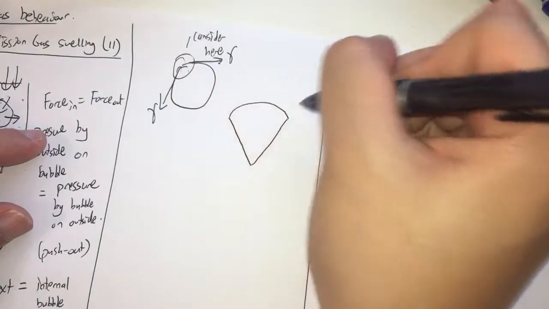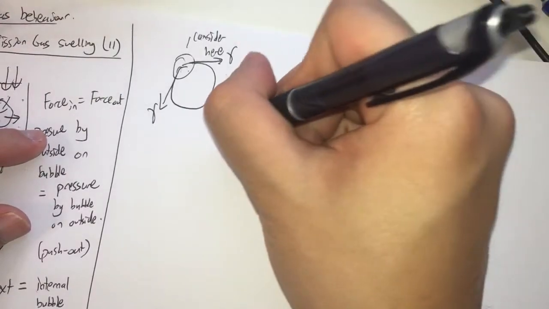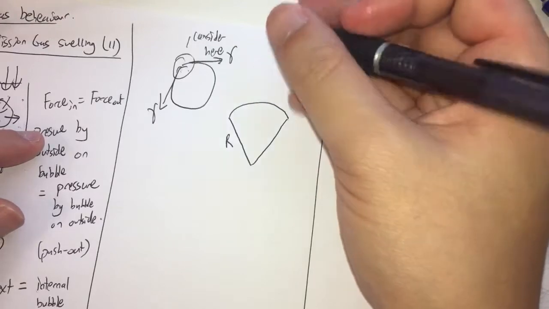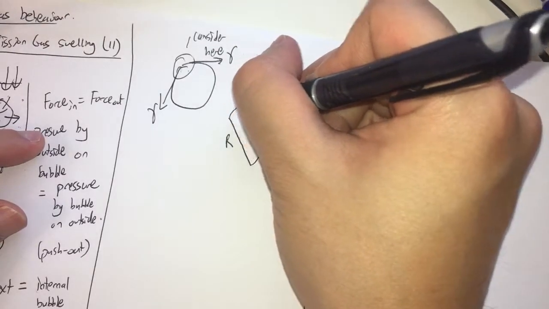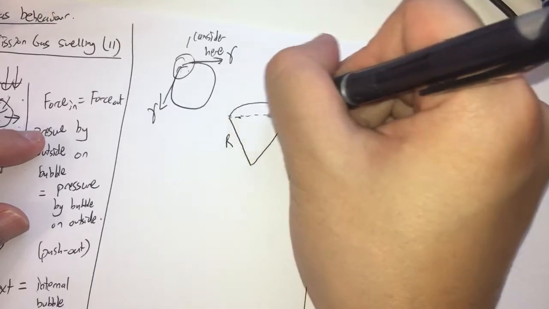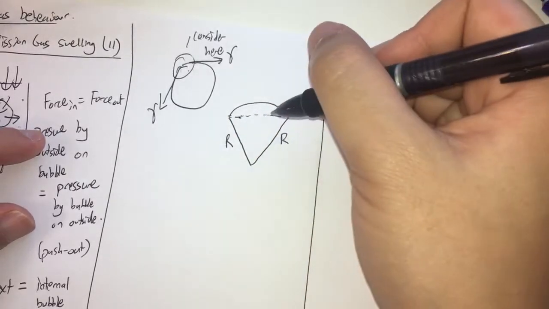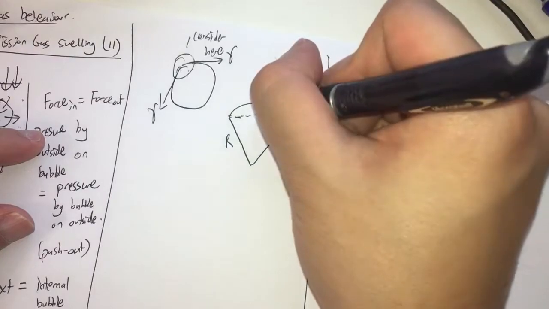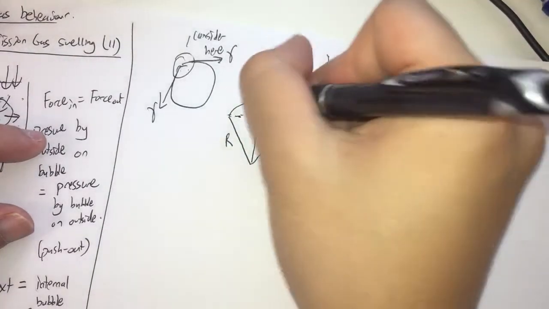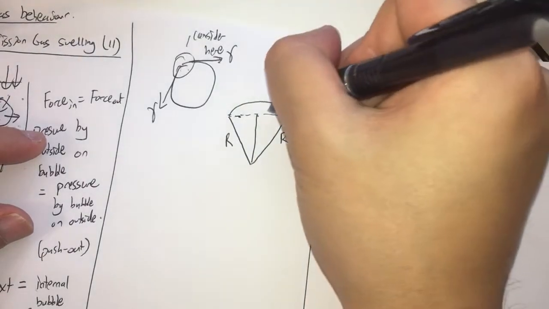let's say this is a small chunk of that sphere. The radius r is here, and we'll draw a straight line from this to this. So this is an isosceles kind of system. From here to here, we will call this small r.